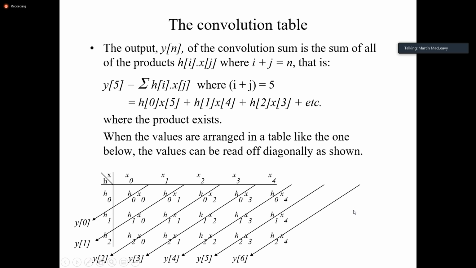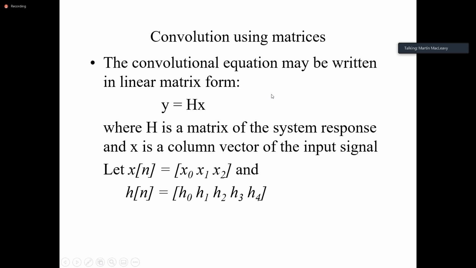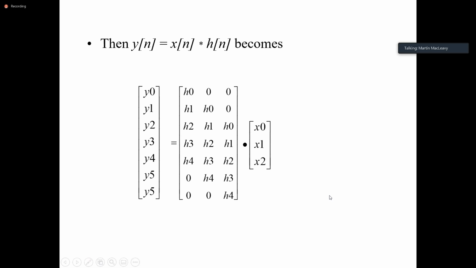Right, so that is a convolution table. You can do it using matrices. And here it is simply then you have your matrix of the system response, and X is a column vector of the input signal. Therefore if, for example, your X is looking like this and your H system response, system impulse function, then you're going to just do the math.